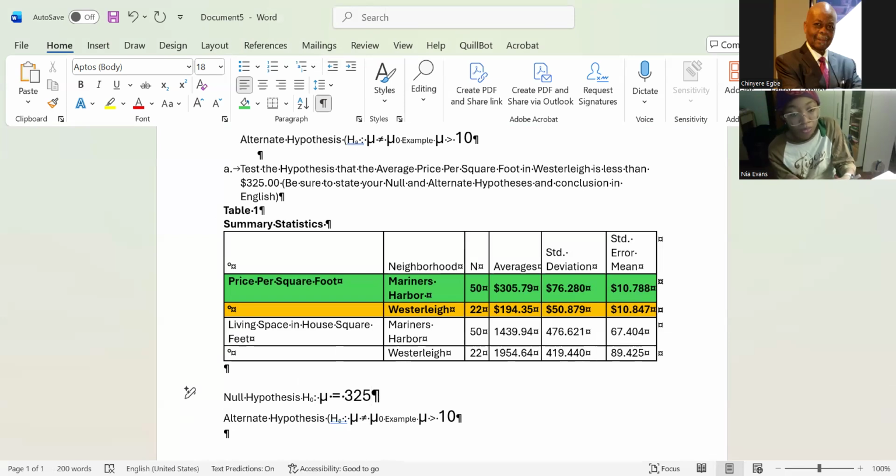That's our null hypothesis, which is to say that the average price per square foot is equal to 325 or more. All right.